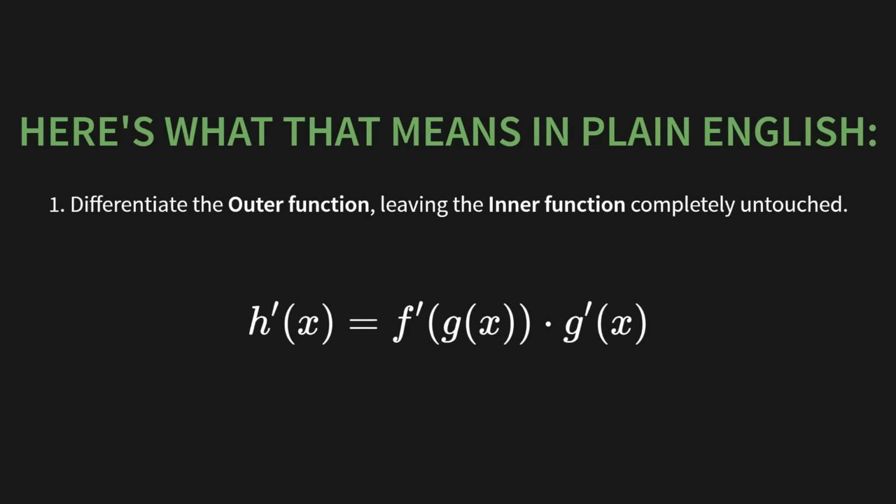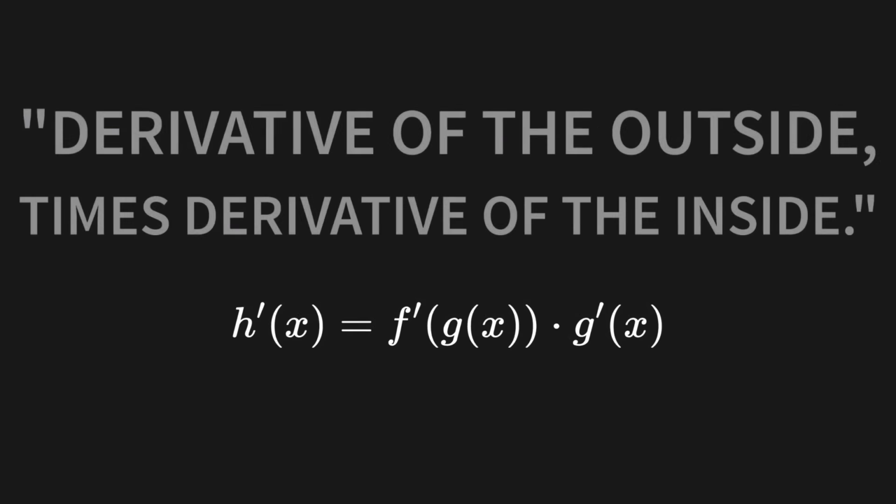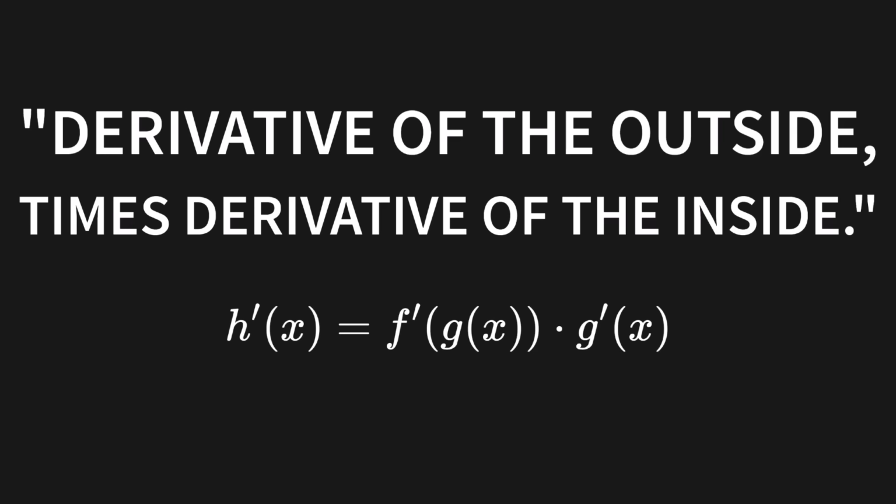Second, then multiply your result by the derivative of the inner function. You see, f prime of g of x times g prime of x. We have a little saying for this. It goes derivative of the outside times derivative of the inside. That's it. That's the rhythm you need to remember. Derivative of the outside times derivative of the inside. Let's use this master key to unlock these impossible looking problems instantly.